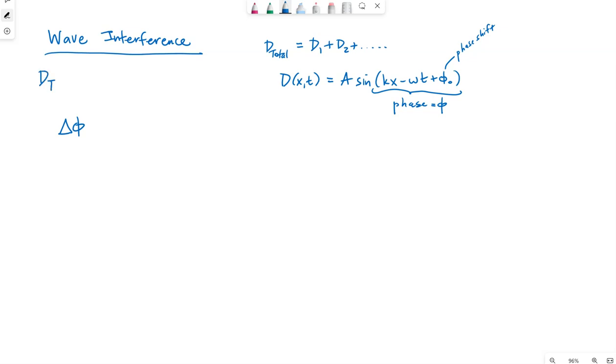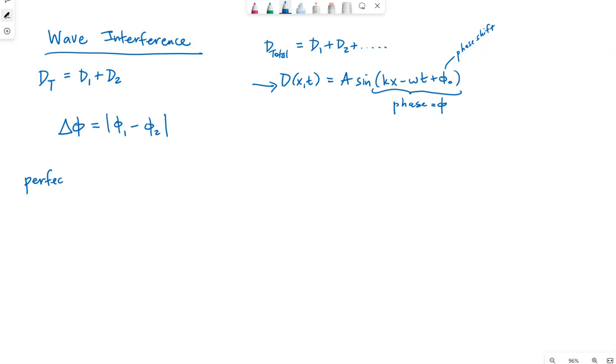So even though the total displacement of the medium would be simply the addition of their individual wave equations, how those ultimately add up depends on this difference in phase between the two of them. Now, absolute value, just ultimately, how do they relate?